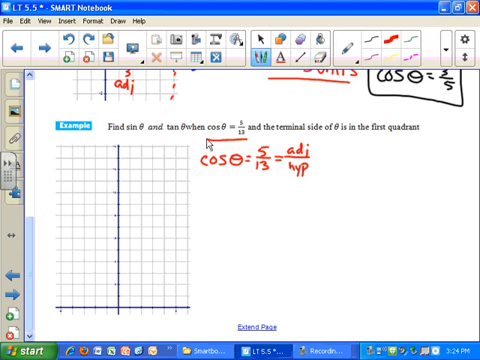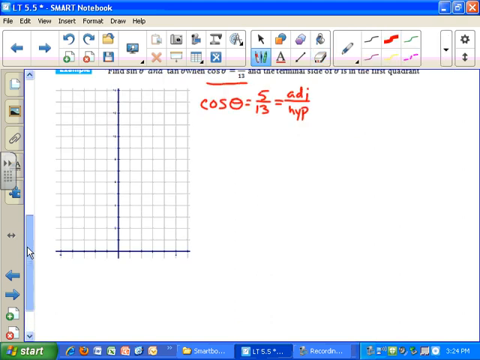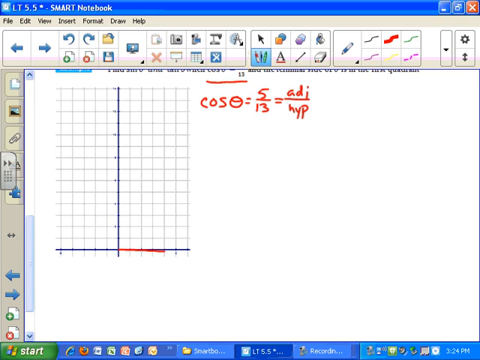So I know that my adjacent side is 5. And now I don't know what the opposite side is. I know that theta is going to be here somewhere, but I don't know how far up this side is going to go. But I do know that the hypotenuse, this length, has to be exactly 13.